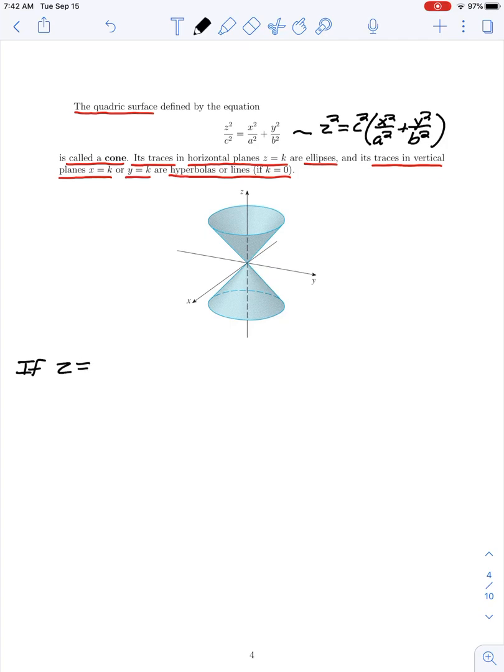If we're considering planes of the form z equals k, then the equation for our surface is given by k squared over c squared is equal to x squared over a squared plus y squared over b squared. So here we would have ellipses. We recognize this as the equation of an ellipse for any value of k.